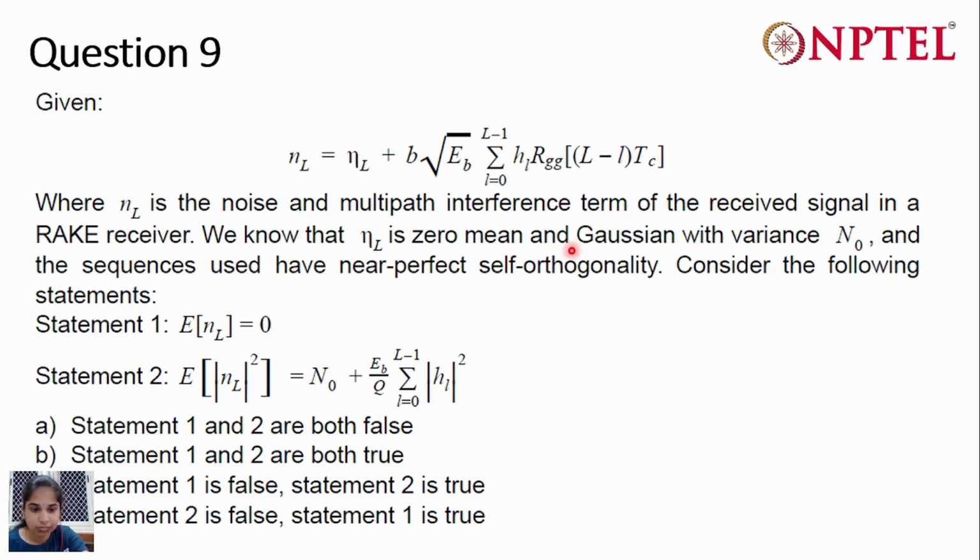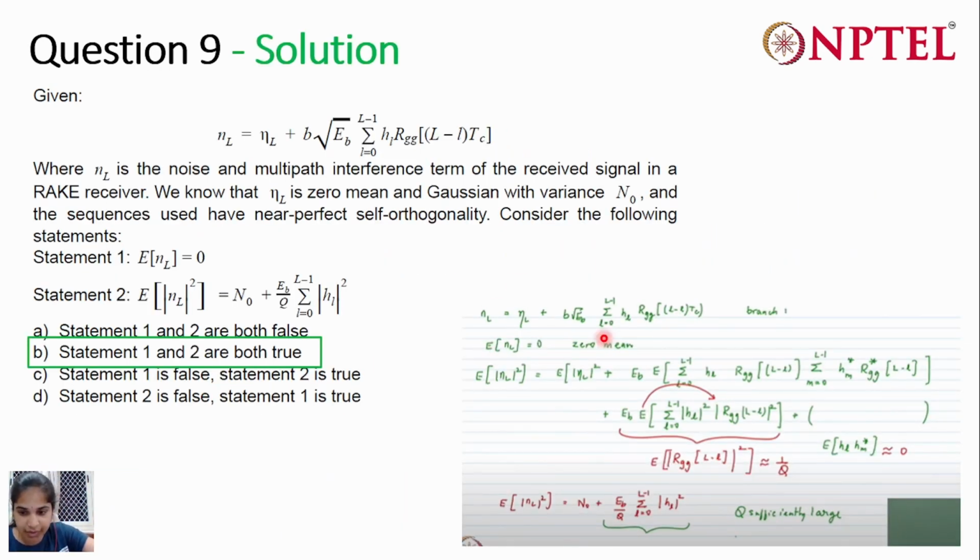B, both are true. Yes, okay, but let's see how. Expectation of NL: because eta L is 0, the expectation of NL will be 0.